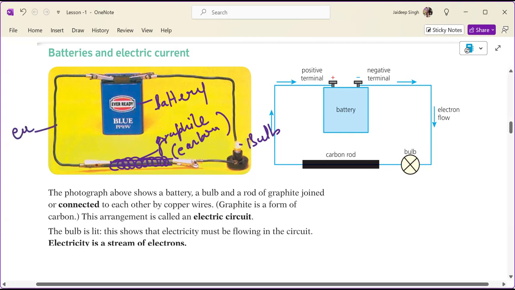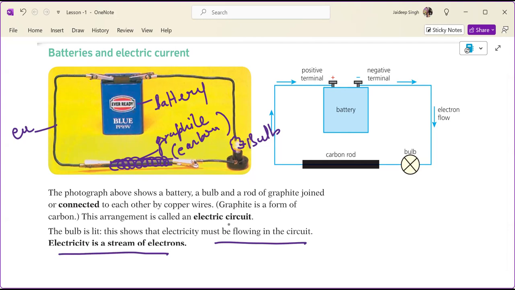So what we see is the bulb is lit. This shows that electricity must be flowing in the circuit. Electricity is a stream of electrons. This is the circuit diagram of this.